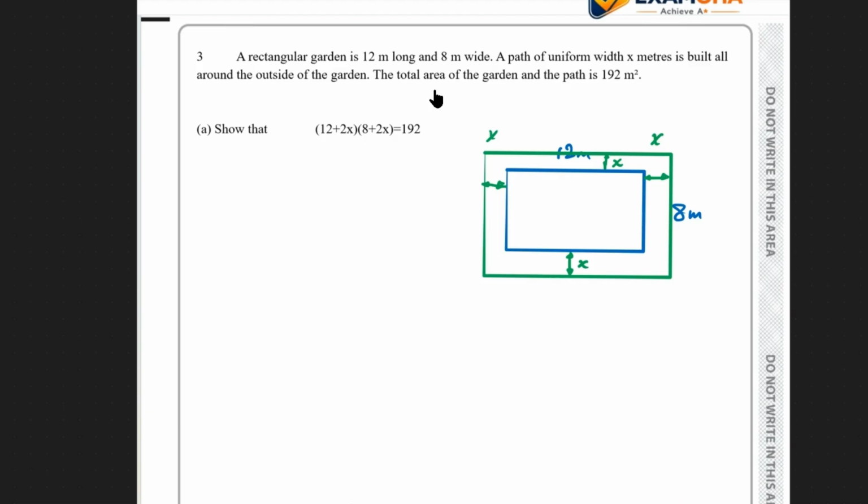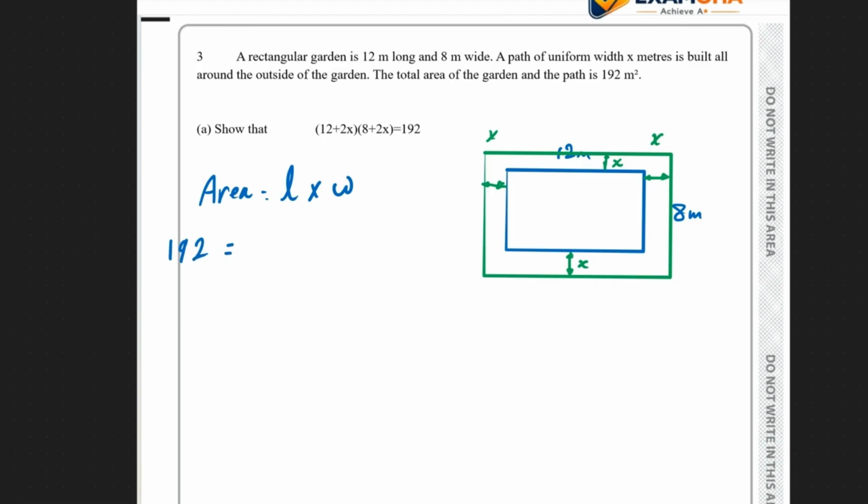The total area, and this usually is the key word to answer the question. The area of a rectangle equals length times width, and you know the area is 192.